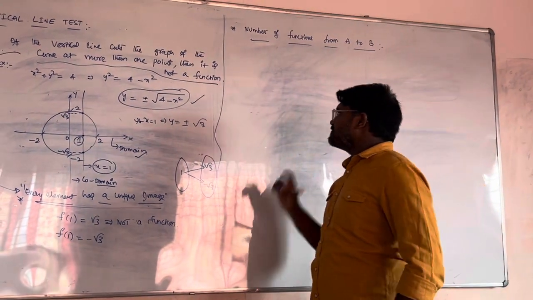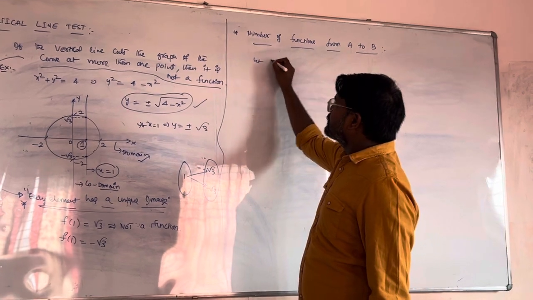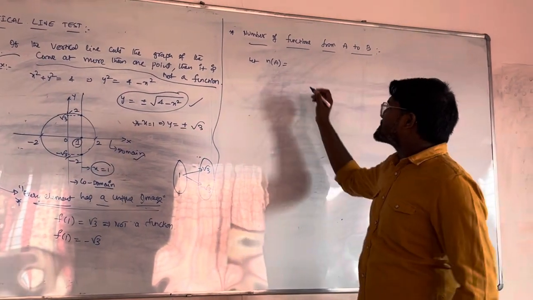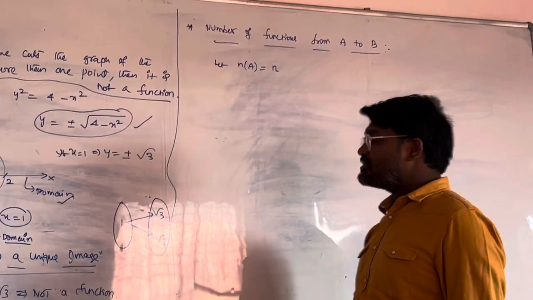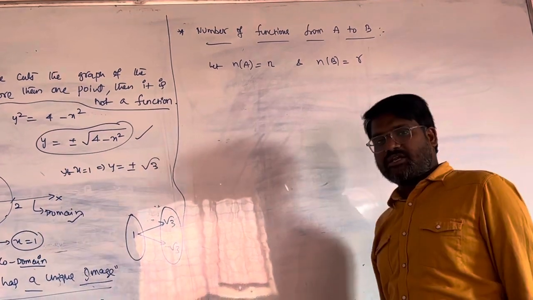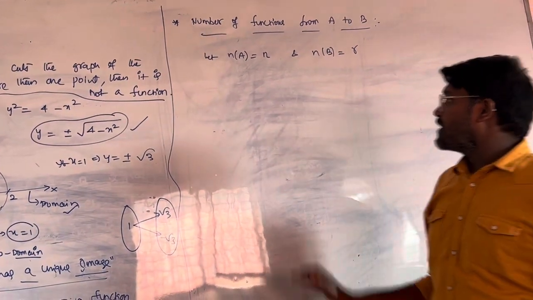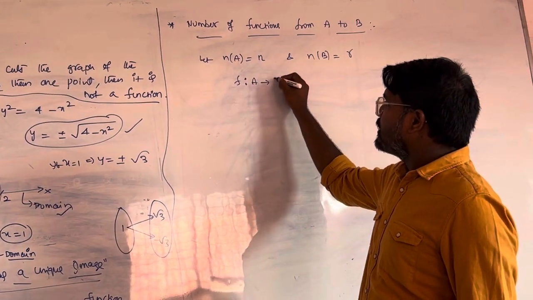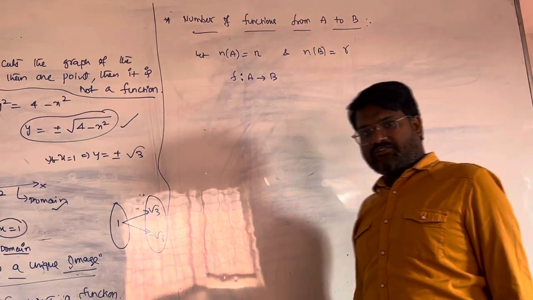Now let's assume in the given set A, there are n elements and the given set B has r distinct elements. Now I want to determine how many functions f from set A to set B can be defined, the total number of functions.